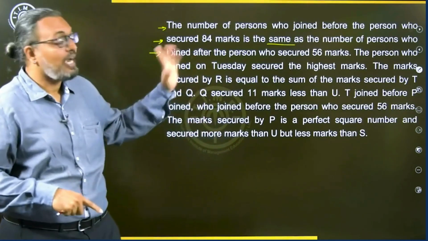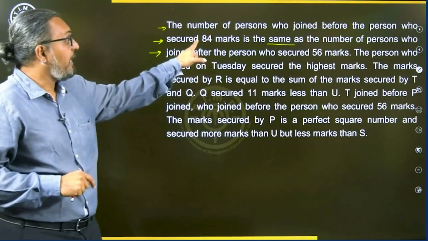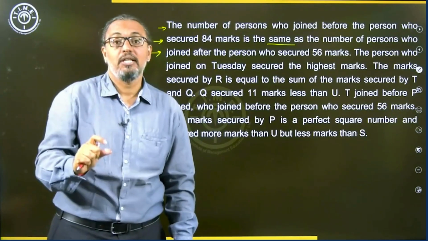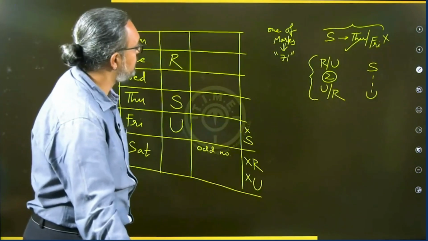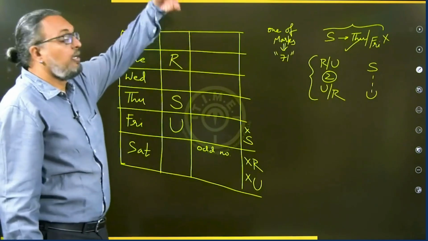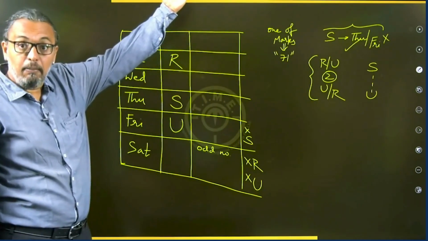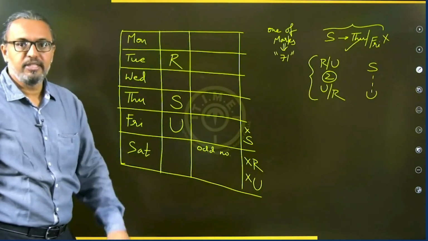We understand this condition using positions: we need to place 84 and 56 in positions that are the same from opposite ends. I can have 84 here on Monday so the number of persons above 84 is 0, then 56 here, below 56, 0.